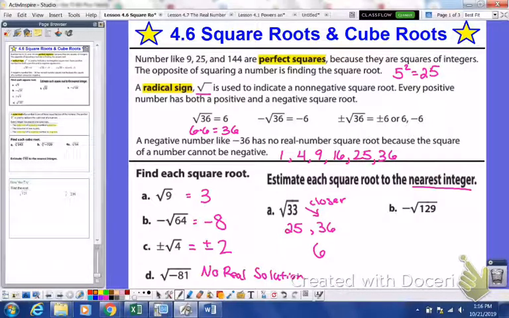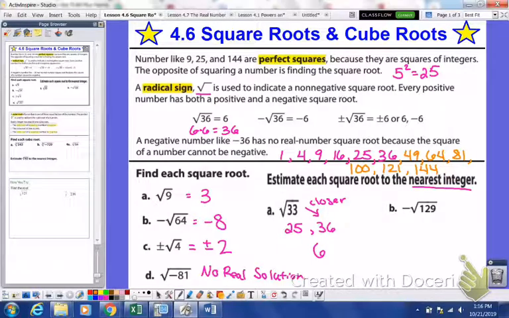Now if we continue that idea, for negative square root of 129, up here that was 6 squared, 7 squared is 49, 8 squared is 64, 9 squared is 81, 10 squared is 100, 11 squared is 121, and 12 squared is 144.